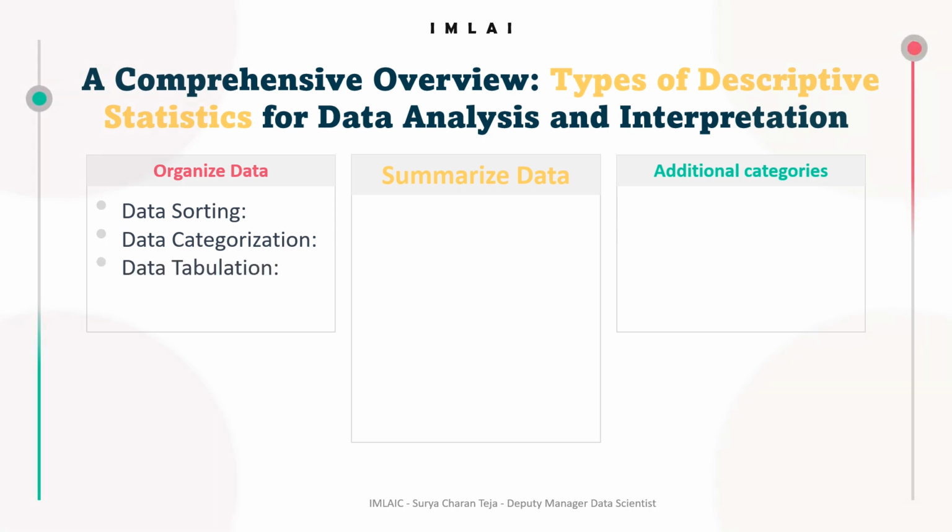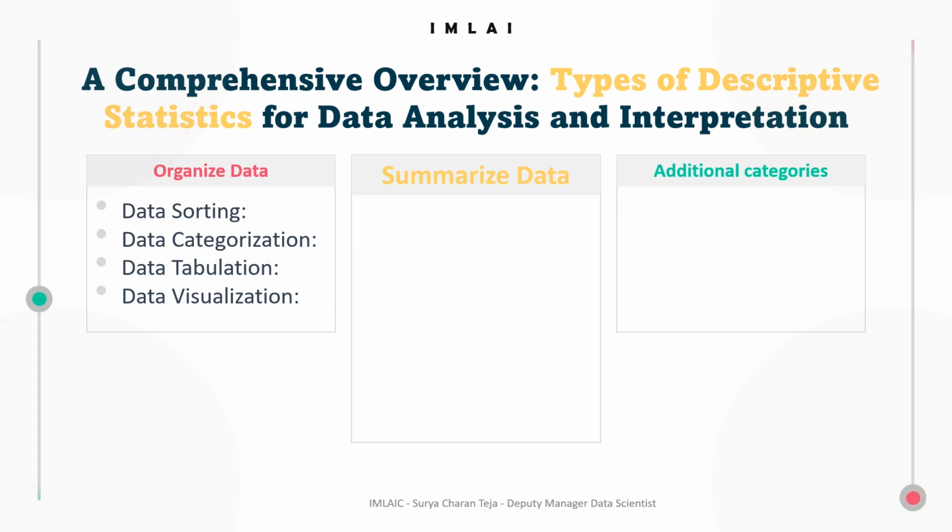Then the third one is data tabulation. Everybody uses this, a widely used descriptive statistic tool, irrespective of whether they have descriptive statistic knowledge or not. So data tabulation, creating frequency tables or contingency tables to organize data into a tabular format for easy analysis and interpretation.